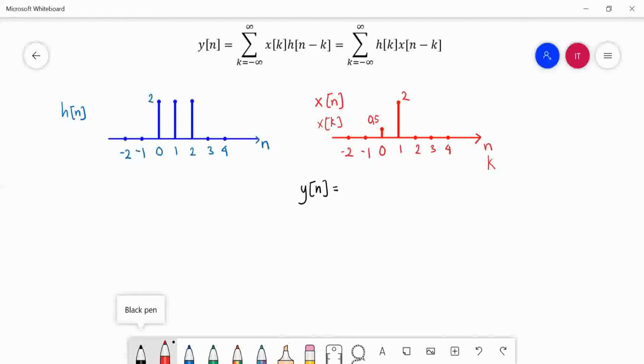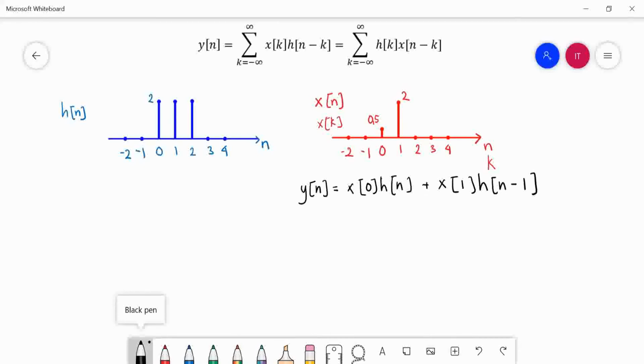So we can put here x[0] times h[n minus 0], so h[n], plus x[1] times h[n minus 1]. And for all the others, x[k] is 0 because that is what our input signal is.